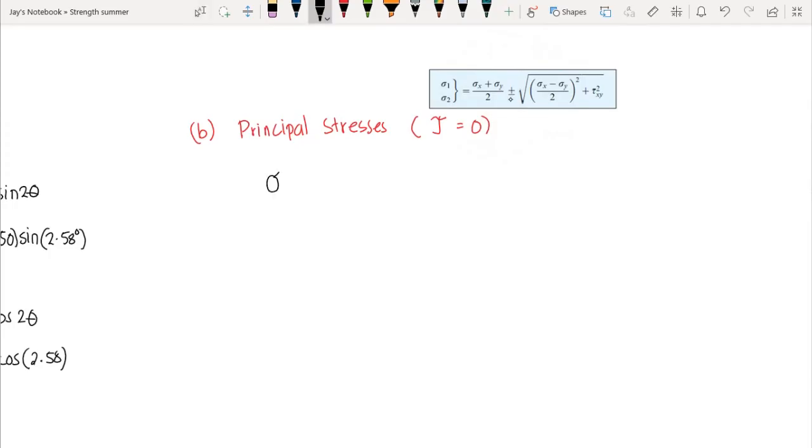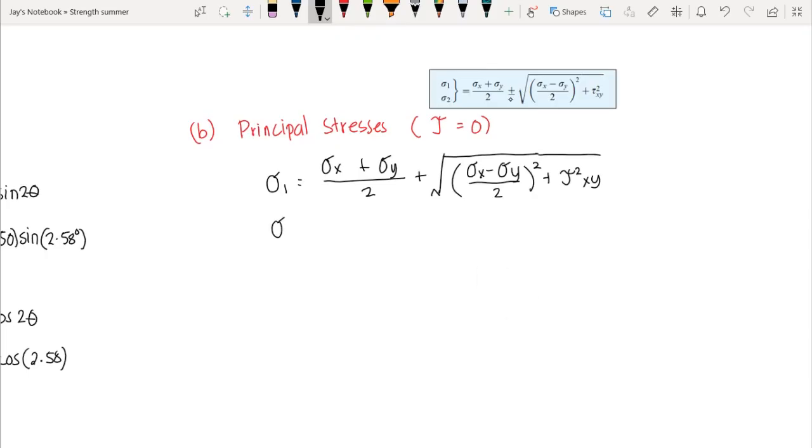So we have, let's say, sigma 1 is equal to sigma x plus sigma y over 2 plus square root of sigma x minus sigma y over 2 squared plus shear stress squared xy. Okay, so let's substitute here the values.